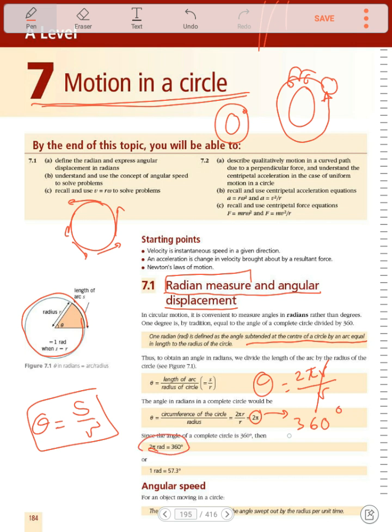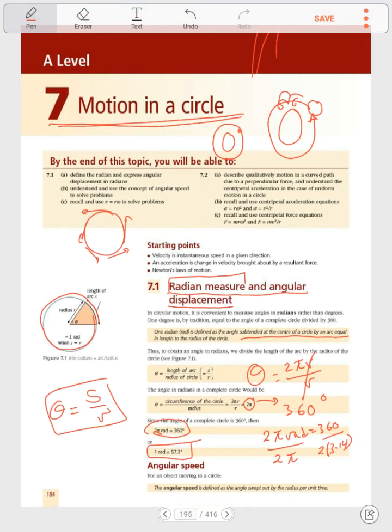And what about 1 rad? If 2π rad equals 360, divide by 2π, which is 2 multiplied by 3.14, and it is just 57.3 degrees. So this is the definition of the radian.